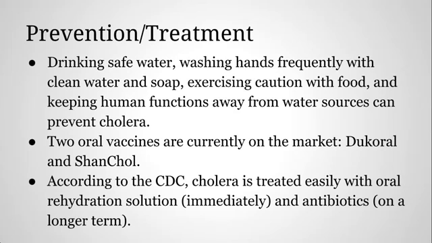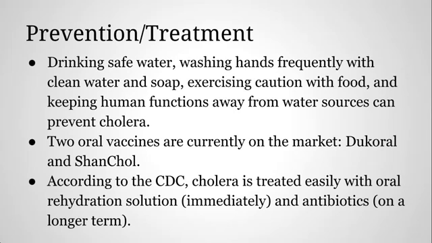And obviously, separating human functions and water sources is a good way to prevent cholera. Avoiding raw foods unless they have cooked, especially in countries with a high risk of cholera, and cooking shellfish thoroughly are all good preventative methods.